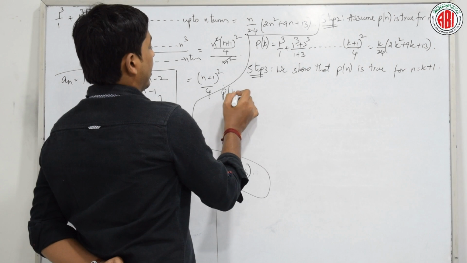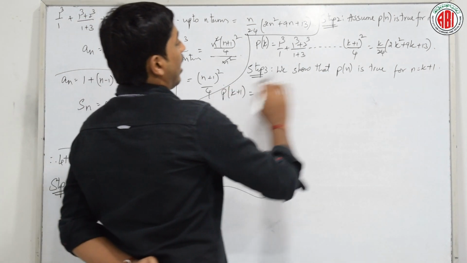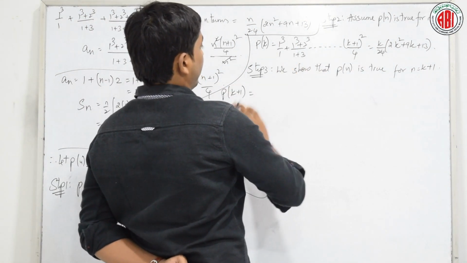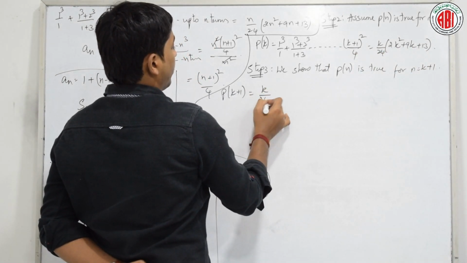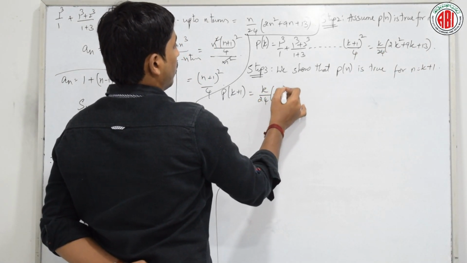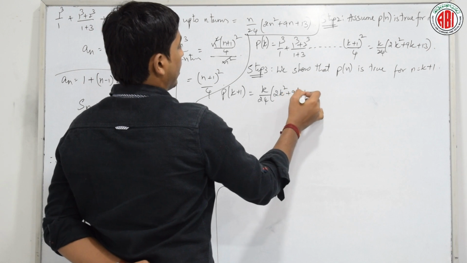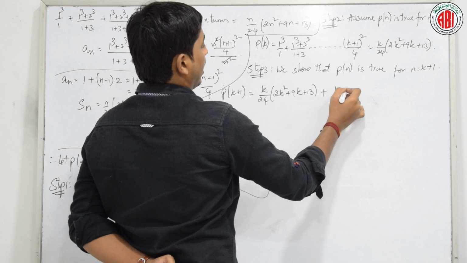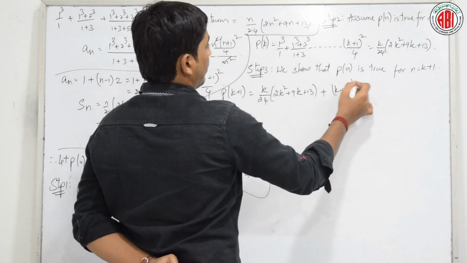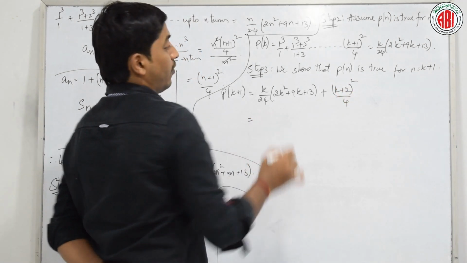P of k plus 1 will be, as we did in the previous problem, we write this as it is, that is k by 24 into 2k square plus 9k plus 13, plus we substitute k plus 1 here. K plus 1 is k plus 2 whole square by 4.